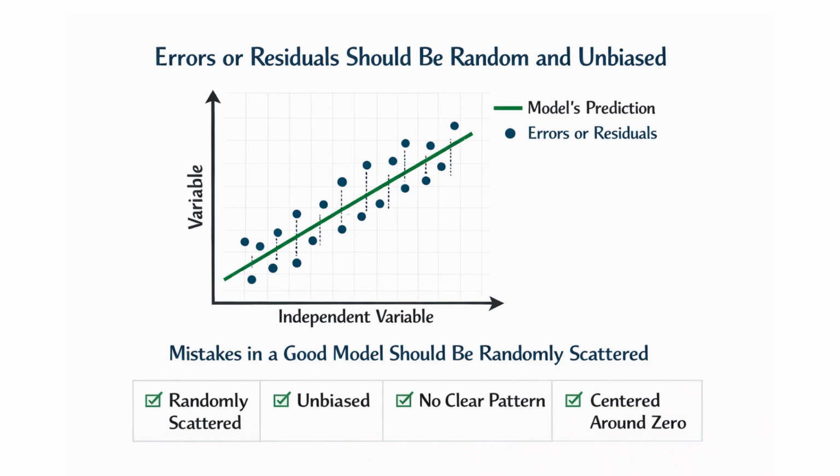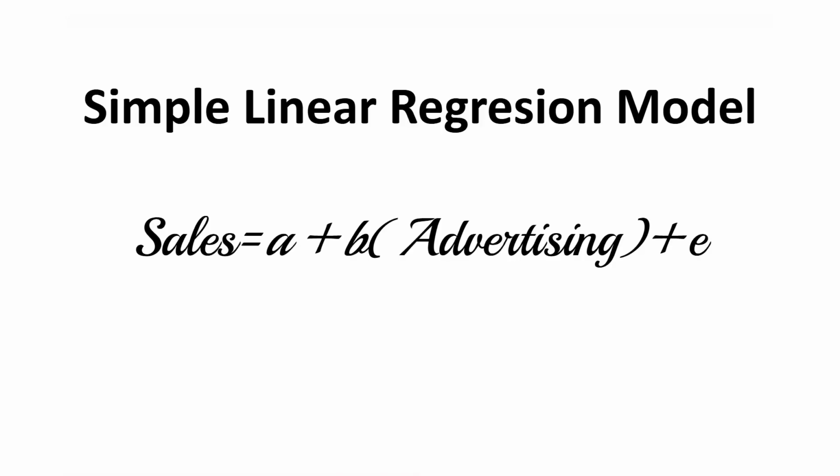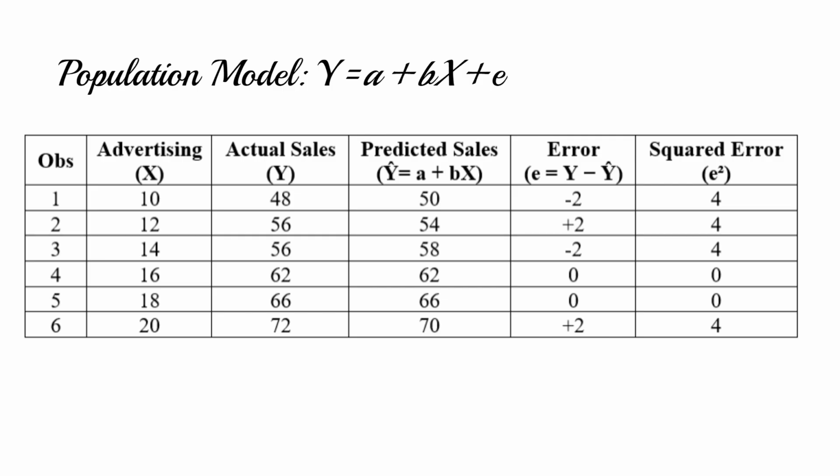Let us take a simple example of a simple linear regression model between sales and advertising. This table shows the actual sales, that is the data collected before running the regression. Now, how did we obtain the predicted sales?